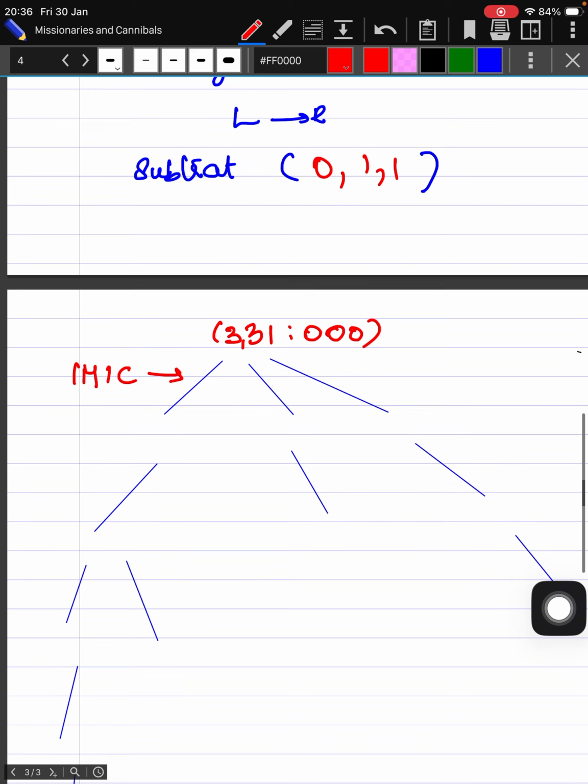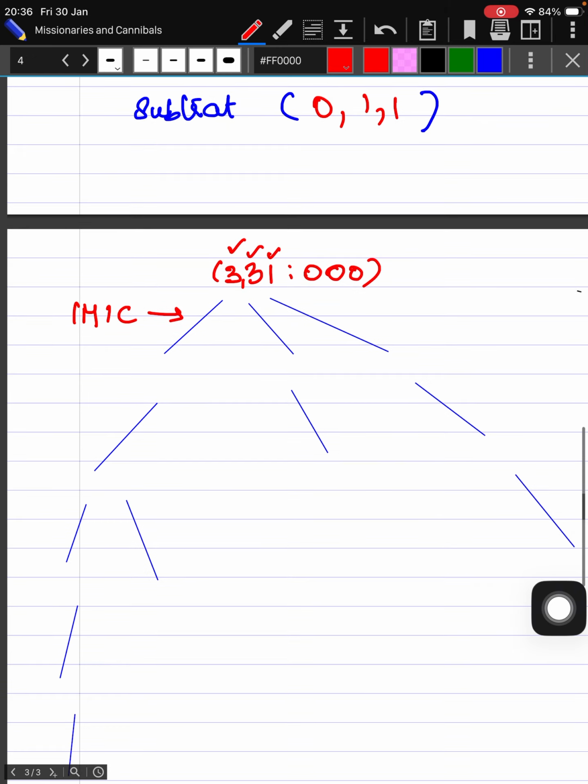So what will be the resultant one? I should subtract 1 from 3, 1 from this 3, and the boat is also not there. So what will I get? In the left side, I'll have 2 2 0, and in the right side, I will have 1 1 1. This is a valid state because the number of cannibals has not outnumbered the number of missionaries.